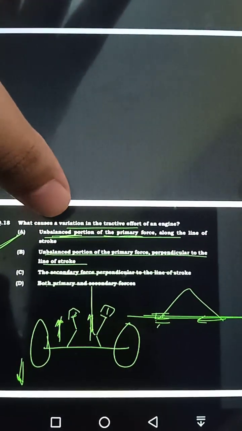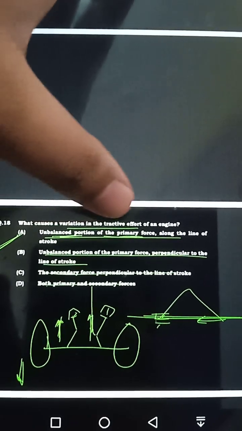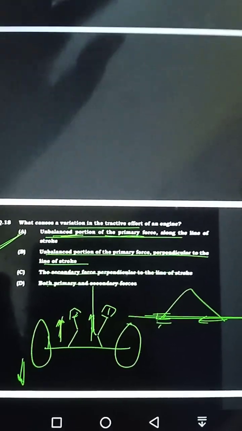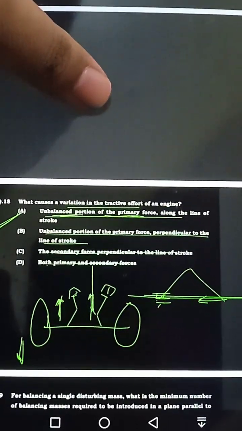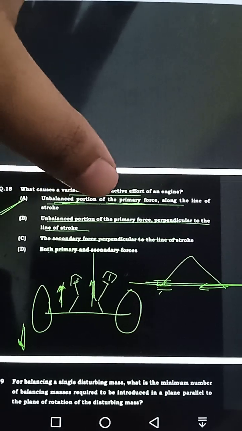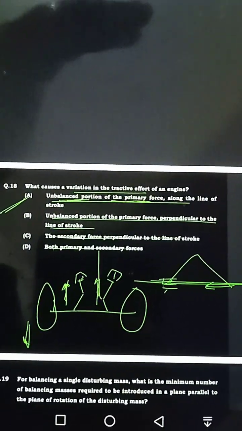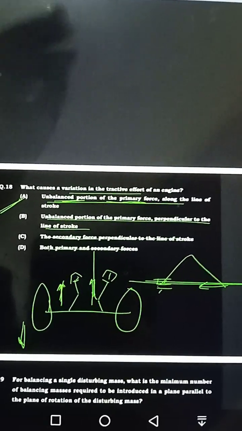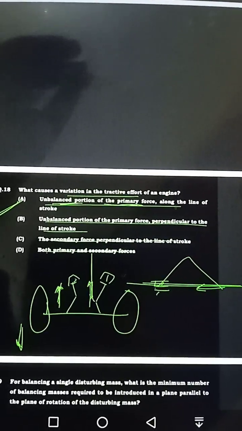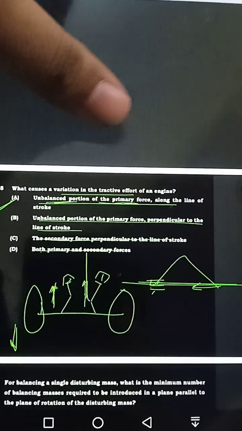The traction force is along a line of stroke, and yes, we ignore the secondary any day. It is the unbalanced portion of primary force, because we have always neglected the secondary forces in any type of engine, in any type of locomotive, anything we do.